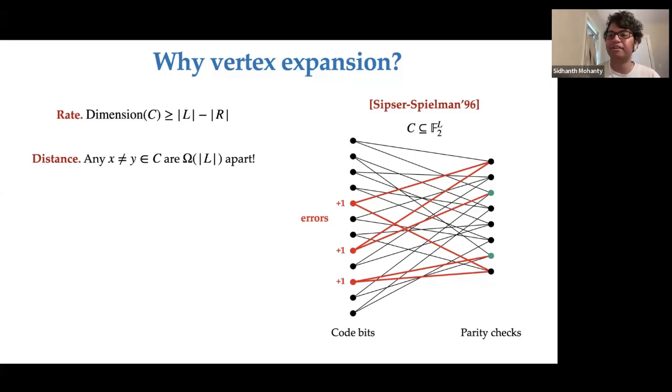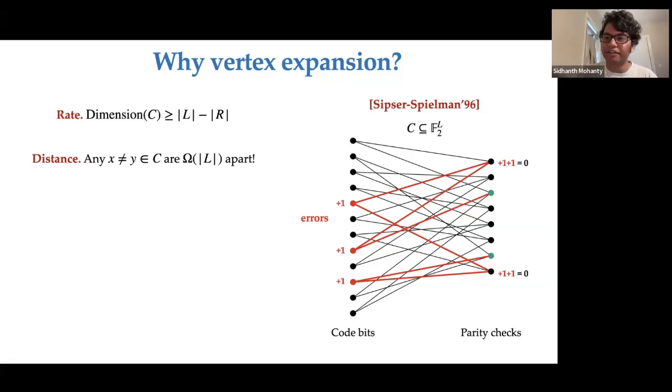And the claim is, if the graph is a lossless expander, then any pair of words inside the set C are actually of distance linear in the number of vertices apart.